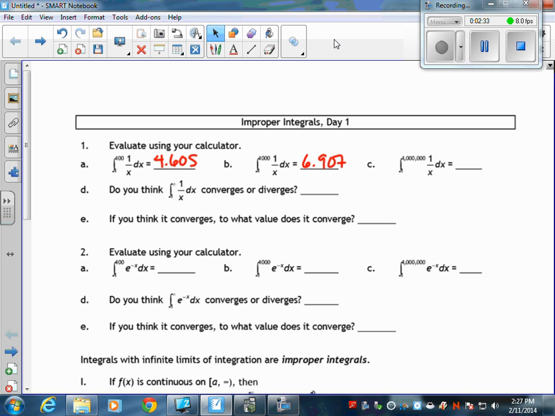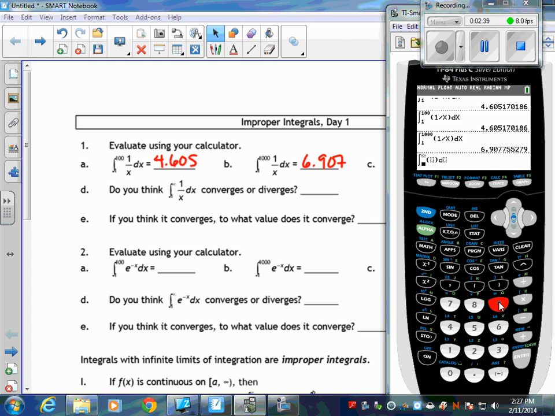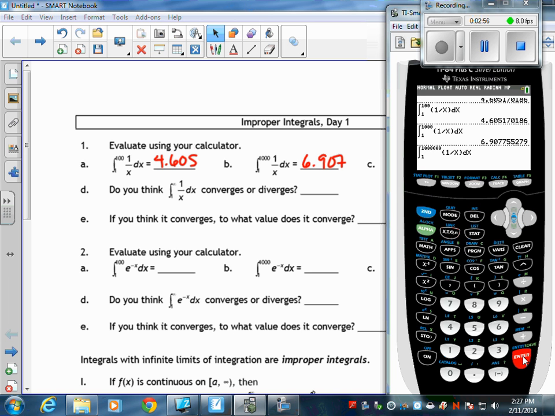So the next one we're going to do in the calculator, my definite integral, I'm starting at 1 and I'm going to 1 million. And I'm doing 1 over x again, and dx. And what I get for that should be 13.815.